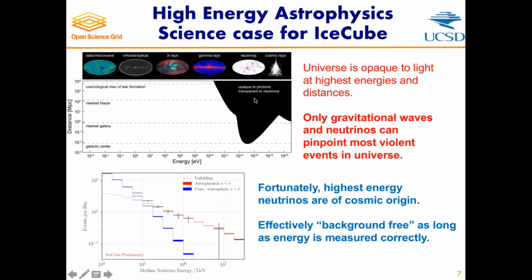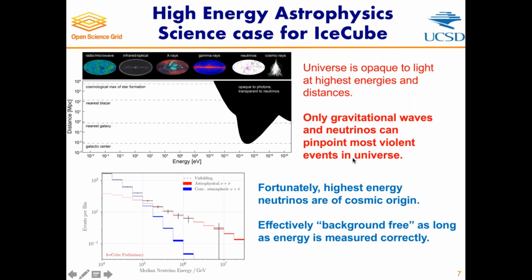They will disappear, interact in the universe somewhere in the interstellar medium, and voila, we'll never see it. And so the only things that reach us that are far away and high in energy are gravitational waves and neutrinos, and both of them can pinpoint, therefore, the most violent events in the universe.